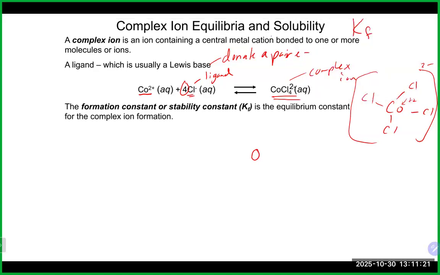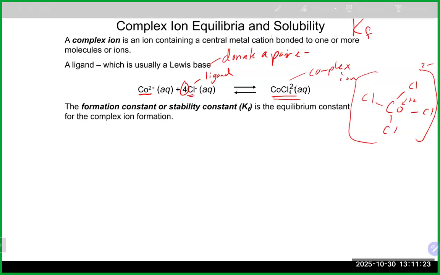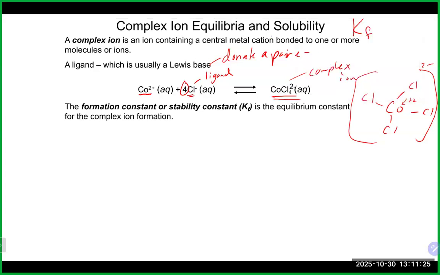Although what we are looking at in this particular equation is sort of the end result of what happens, the ligands come on kind of like how hydrogens get lost one at a time. They come on one at a time. So what would happen in this case is the cobalt would pick up 1 chloride and make CoCl+.